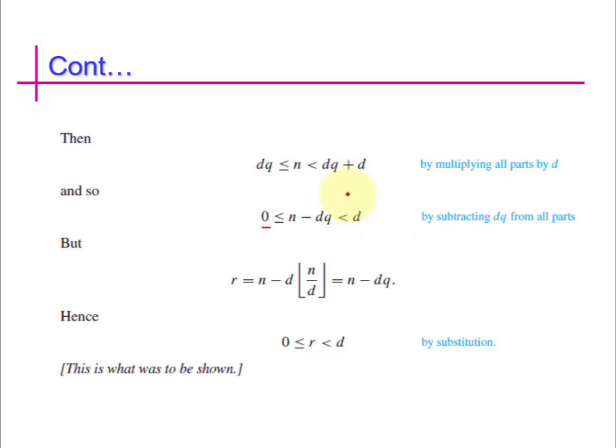We know that r is equal to n minus d times floor of n over d, and floor of n over d is exactly equal to that number q. So r is equal to n minus dq, and now we can replace this n minus dq with r, and we get this inequality. This is the proof for the given theorem.